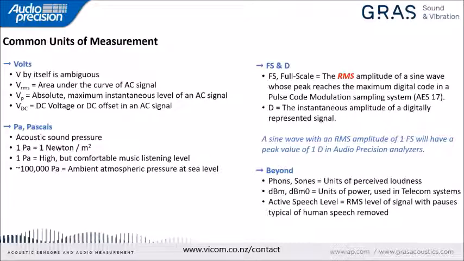And there are units that are used in specialized cases, such as where we want to describe the amplitude of a signal, but with the pauses that a human introduces as they speak removed. So there's a rich world of units that are used in audio measurement. We'll start just with the most basic.